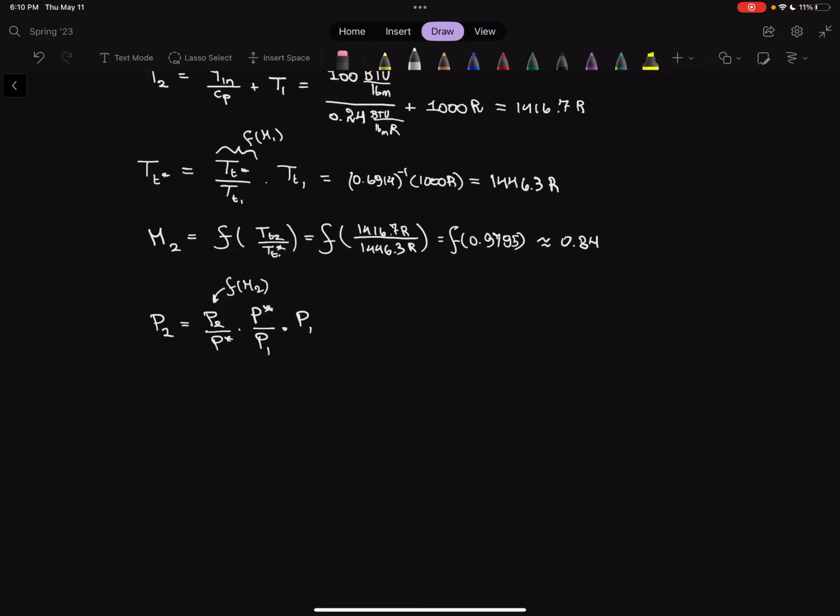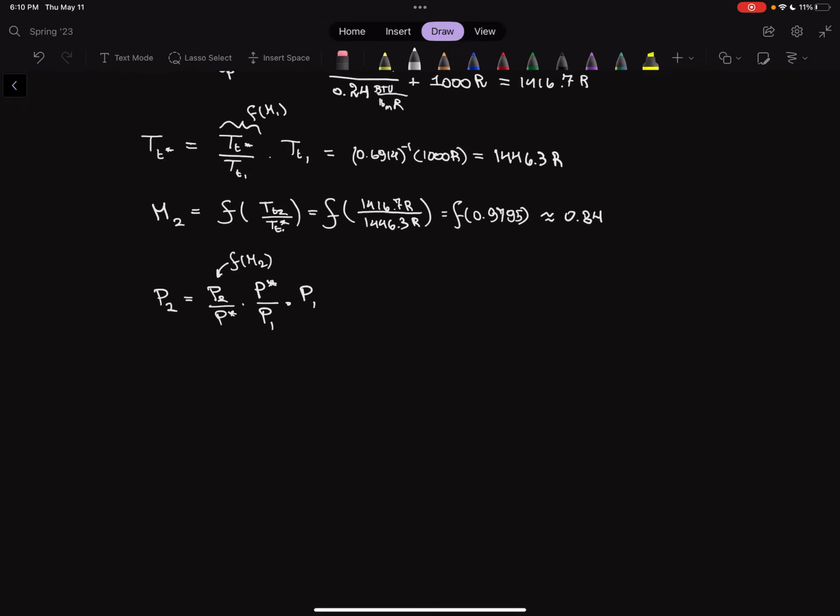So this is about equal to 0.84. And now that we have this Mach 2, we can find this guy, and we have this guy from Mach 1, because that's a function of Mach 1. We just have to remember to flip it, and we have P1 total. So I have to change the subscript to P total 2 over P total 1.